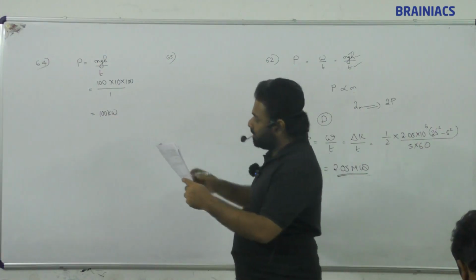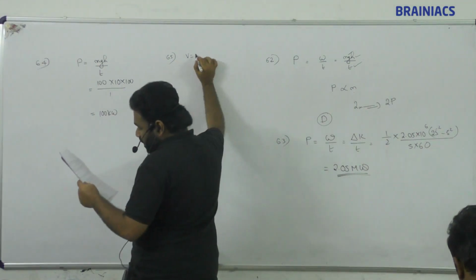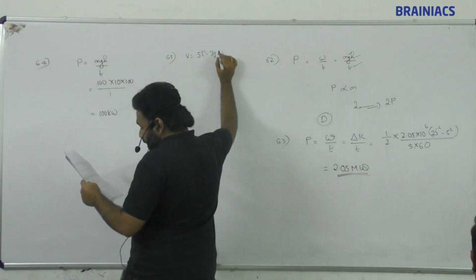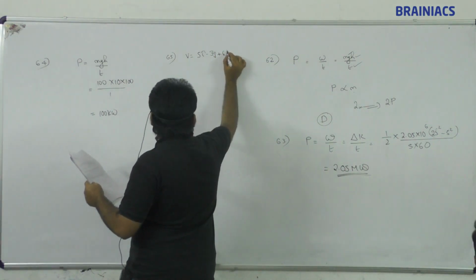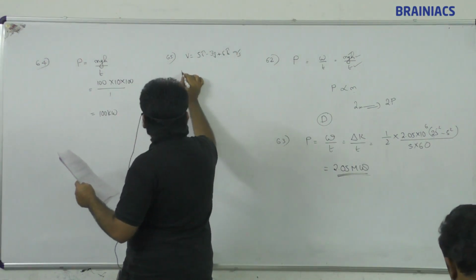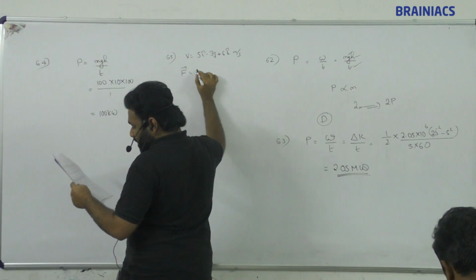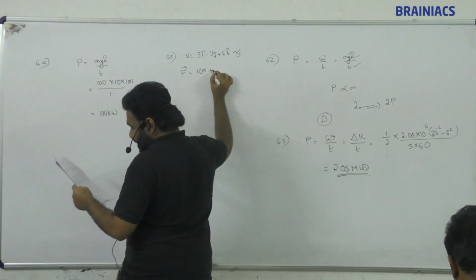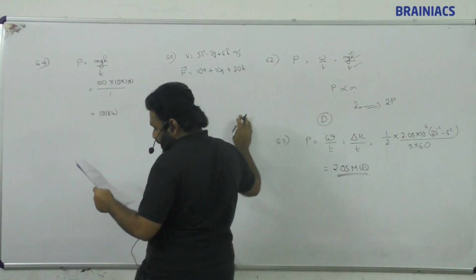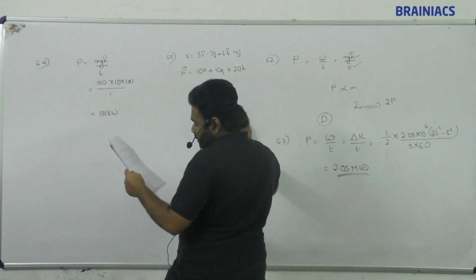Next question. 65. A particle moves with a velocity v is equal to 5i minus 3j plus 6k meter per second under the influence of constant force F is equal to 10i plus 10j plus 20k. Right, the instantaneous power.